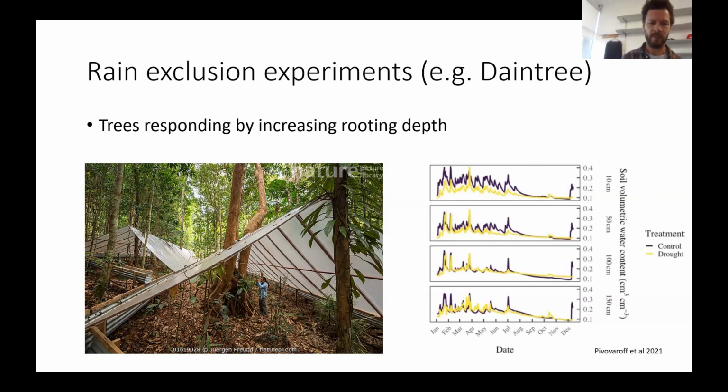The rainfall exclusion takes water off the site, and you can see a decrease in the water content in the upper layers of soil in particular. What these researchers are reporting is that trees are responding to that decreased surface water by developing deeper roots. That's an interesting result showing how trees respond to an experimental drought.